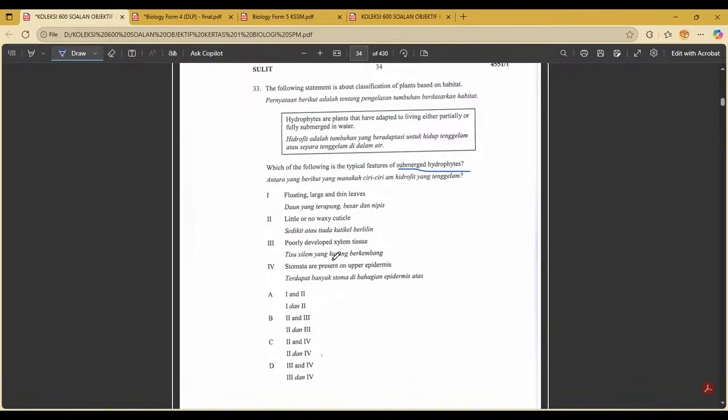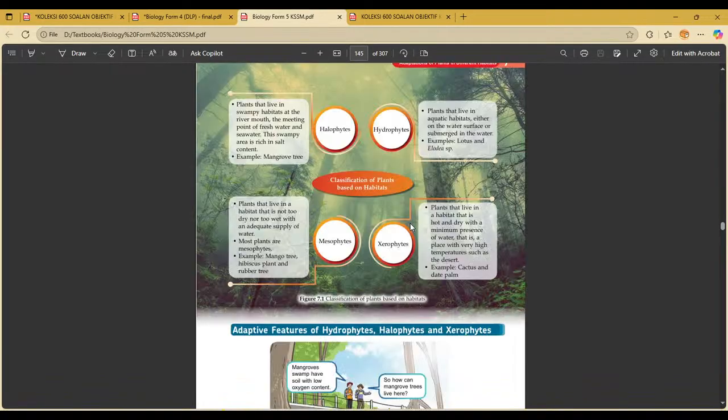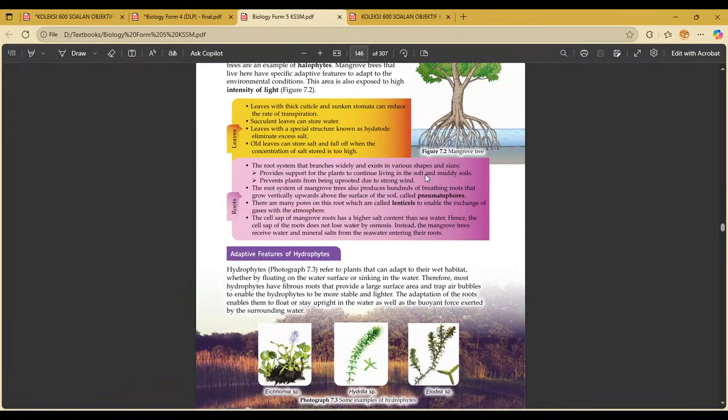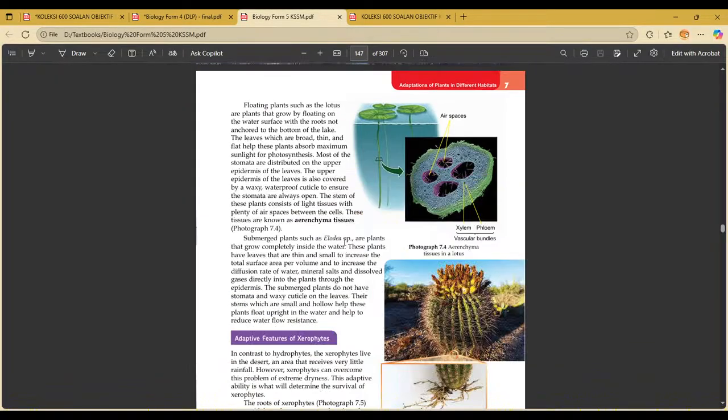Submerged hydrophytes. Okay. My bad. These two are for floating hydrophytes, I think. Okay, where's hydrophytes? Here it is. Floating plants such as the lotus are plants that grow on floating water surface with roots not anchored to the bottom of the lake.